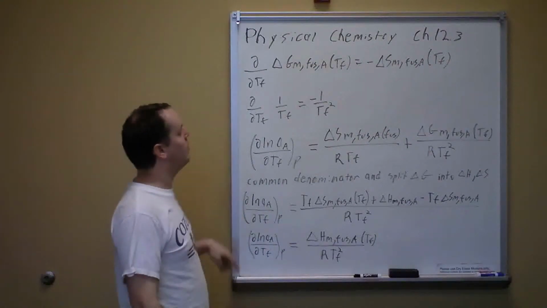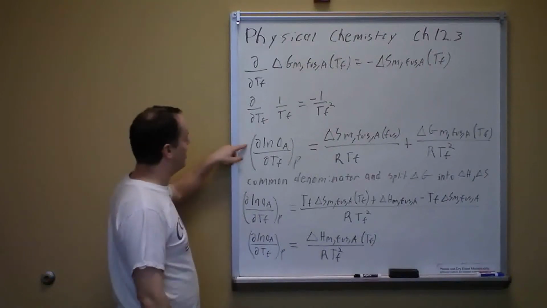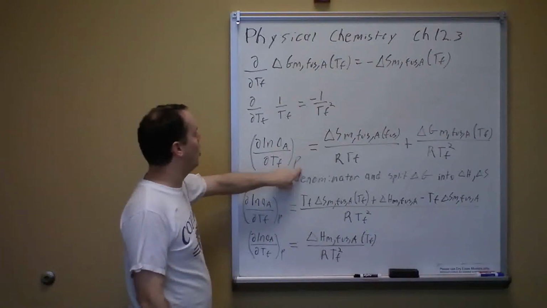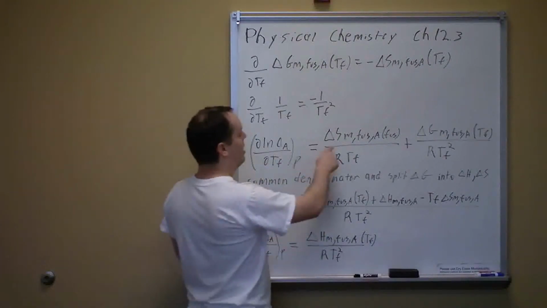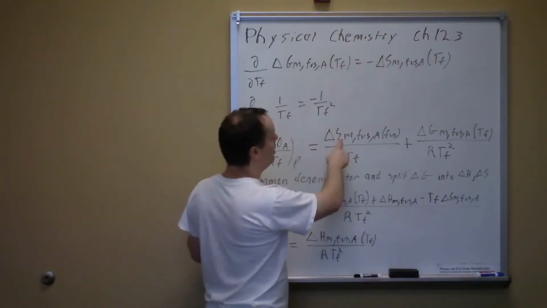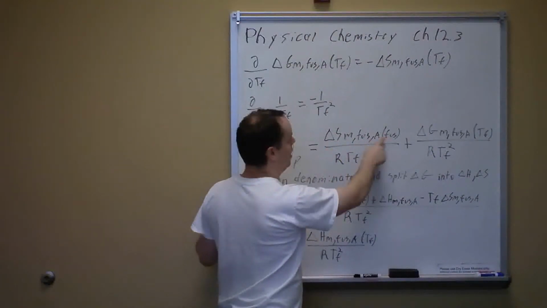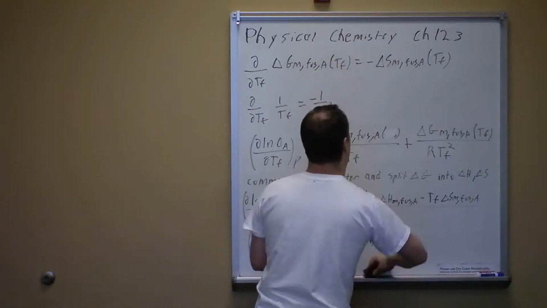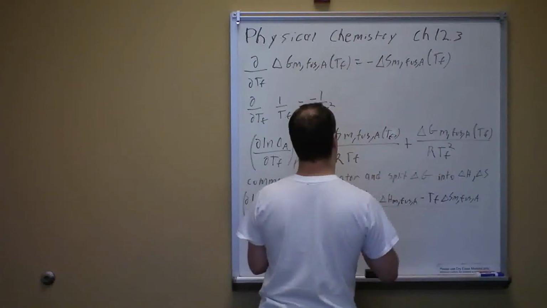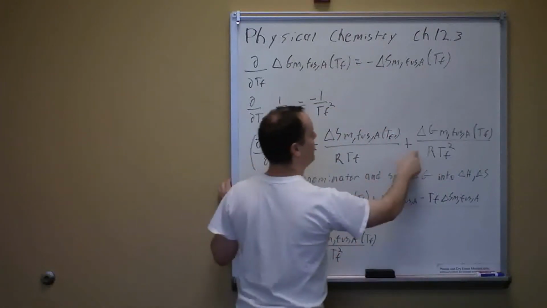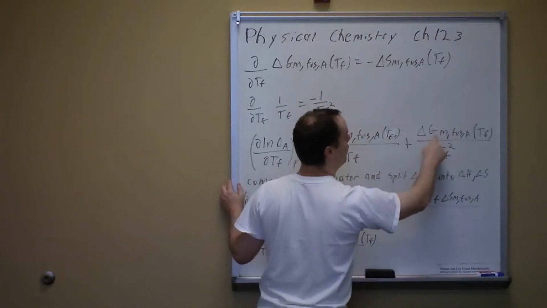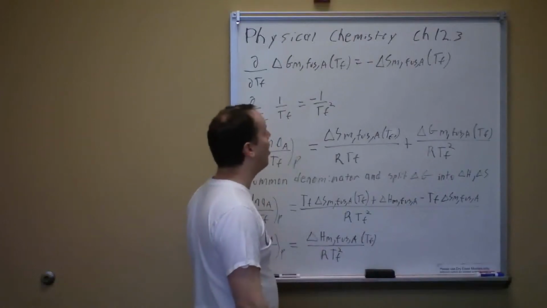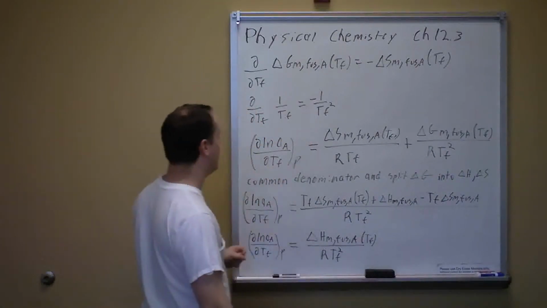So now using these two in the equation on the previous slide, we can see that the derivative of the natural log of the activity of A with respect to freezing temperature, holding pressure constant, just like I said, is equal to the change in the molar entropy of fusion, at the freezing point temperature, divided by RT_F, plus the molar Gibbs free energy of fusion of substance A, also dependent on temperature, divided by RT_F squared, because of substituting that in.